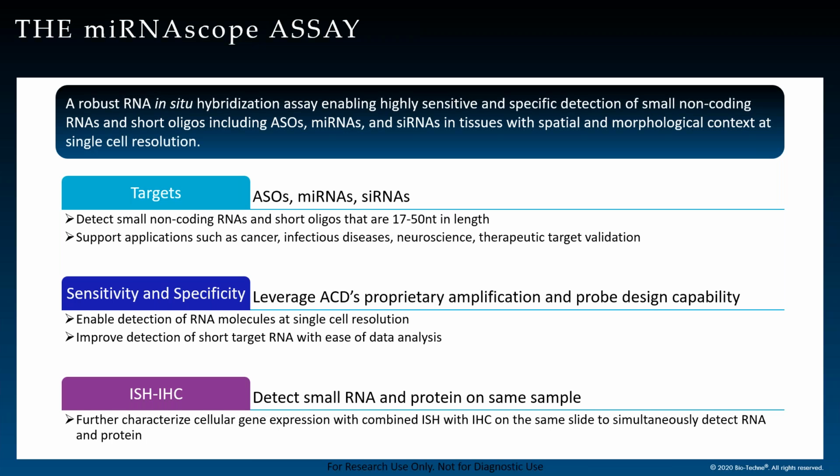In addition to these key applications, the assay will also enable the detection of any smaller RNAs that are 17 to 50 nucleotides. Some popular targets include tRNAs and pVRNAs. Key research areas for these top targets include cancer research, infectious diseases, neuroscience, and therapeutic target validation.